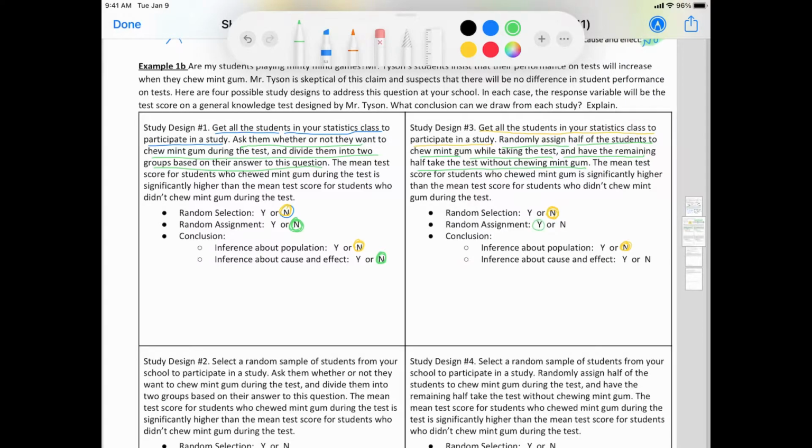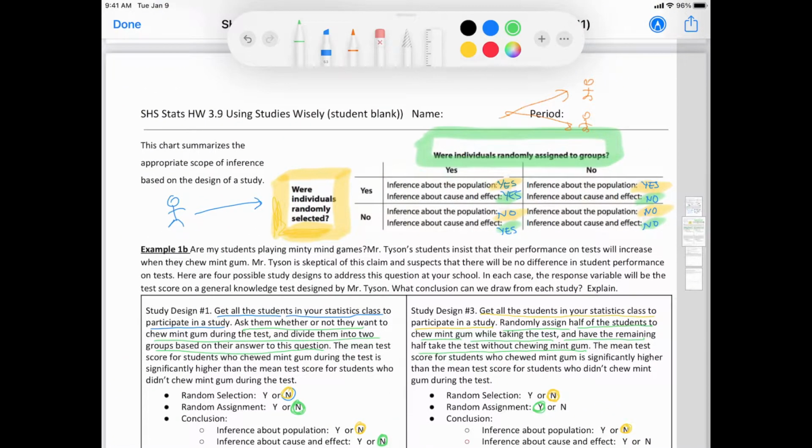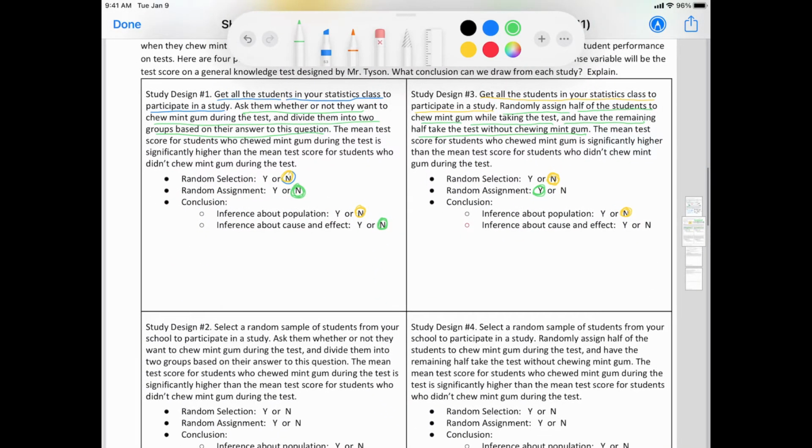We did random assignment. Okay, back in our chart now, what does random assignment tell us? Well, random assignment can tell us what? It can tell us about cause and effect. So what's our conclusion here? We conclude that chewing mint gum while taking a test causes students to score higher on average. Okay, we know that, but only for the statistics students who took part in the study.